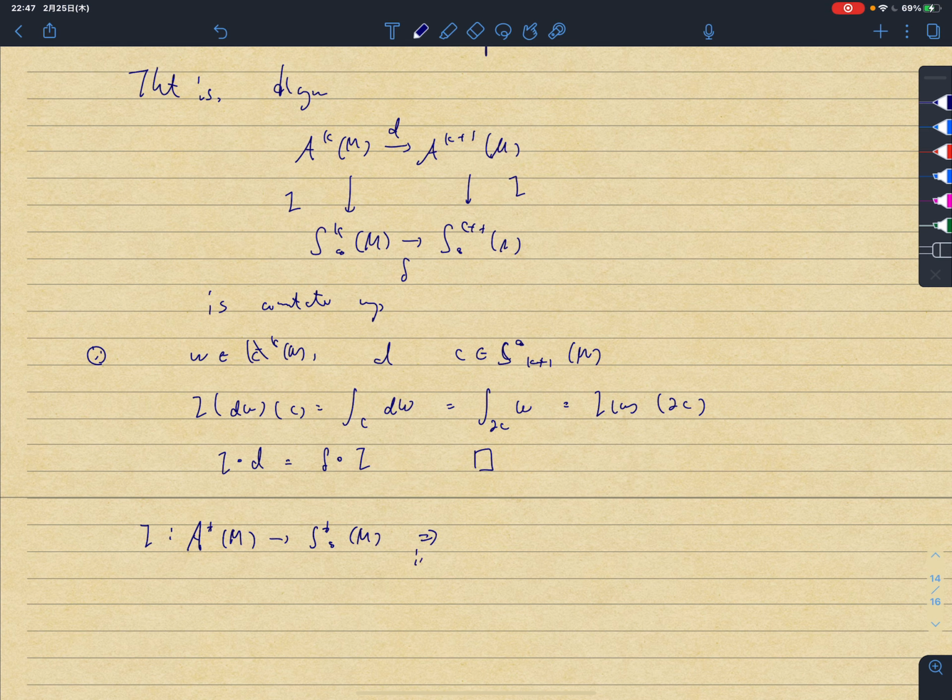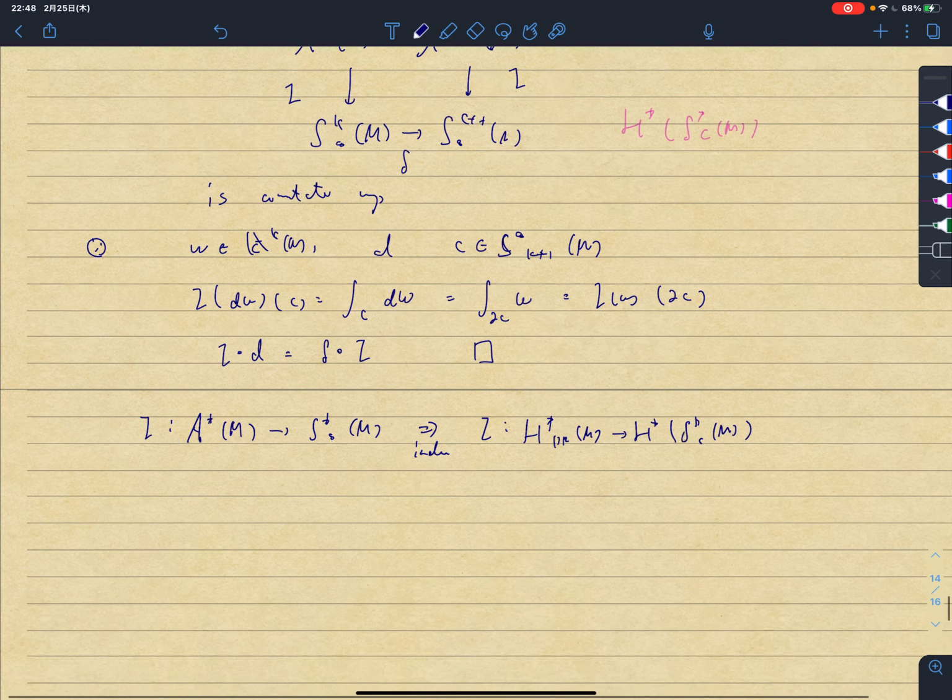The homomorphism induced by I, yes. So this is the induced homomorphism map.